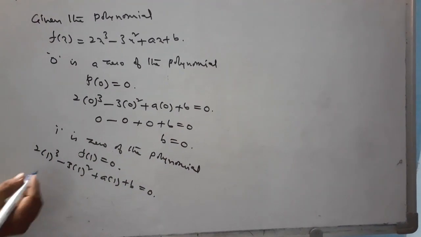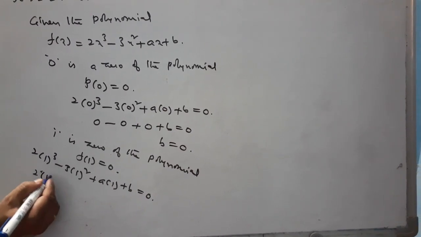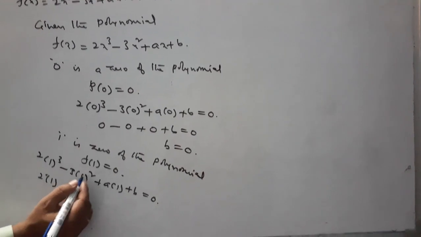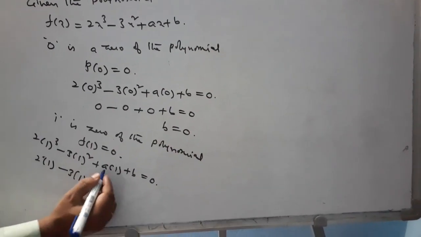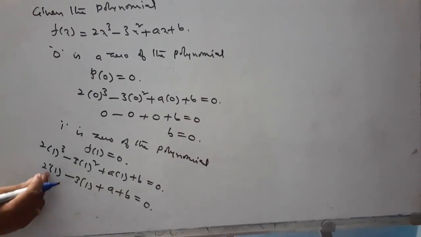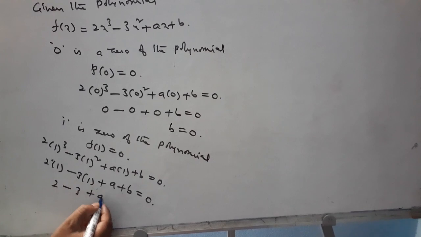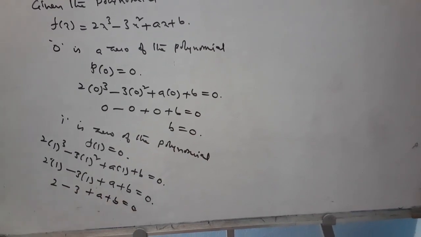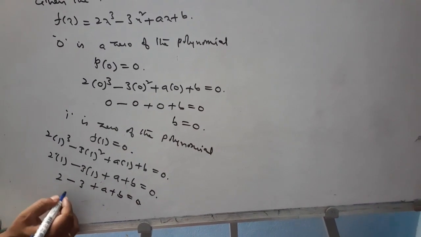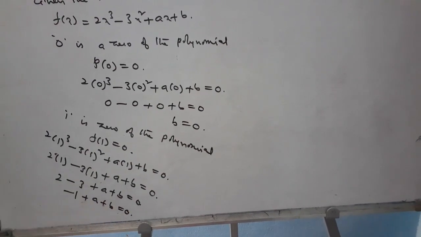So 1 cube means 1, 2 into 1 minus 3 into 1 square means 1, plus a into 1 means a, plus b equal to 0. So 2 minus 3 minus 1 plus a plus b equal to 0.